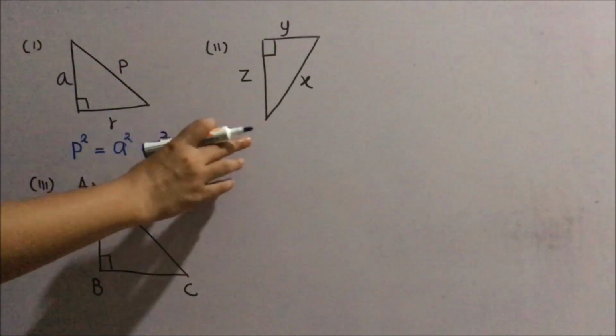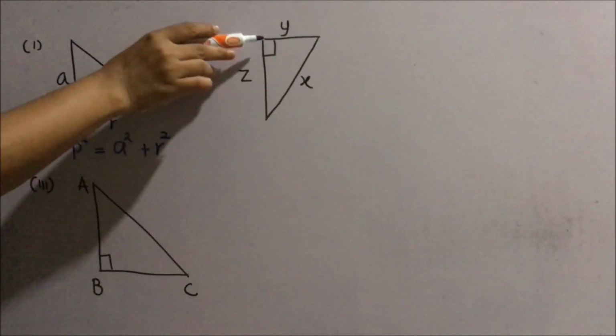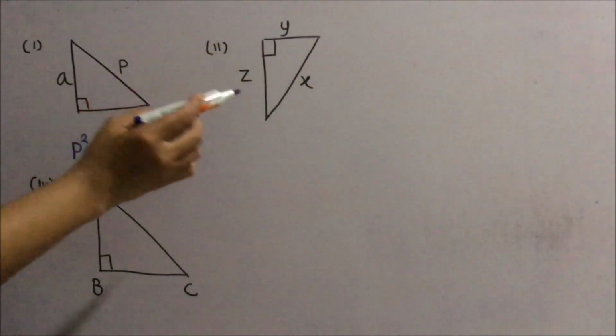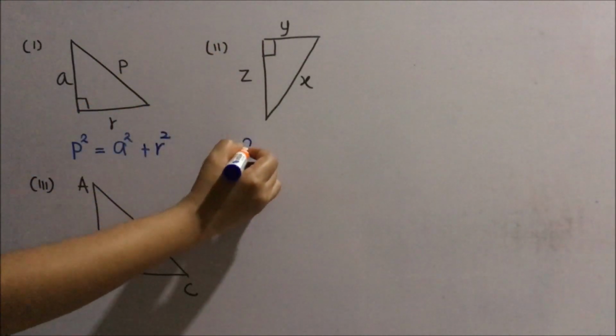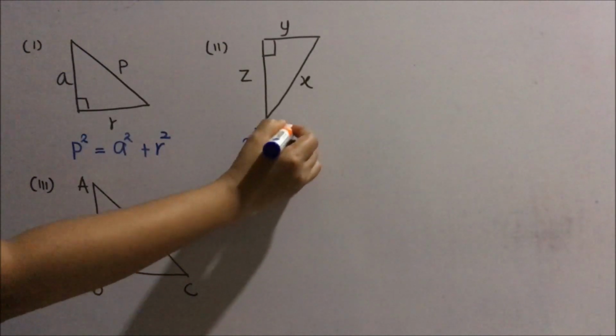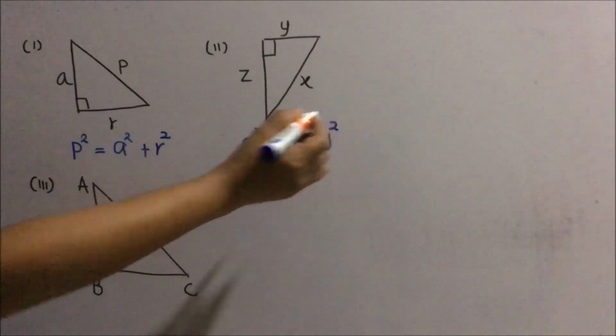Okay. In the second one, the hypotenuse, or the side opposite to the right angle, is X. Then we can write the relation as X square equals Z square plus Y square.